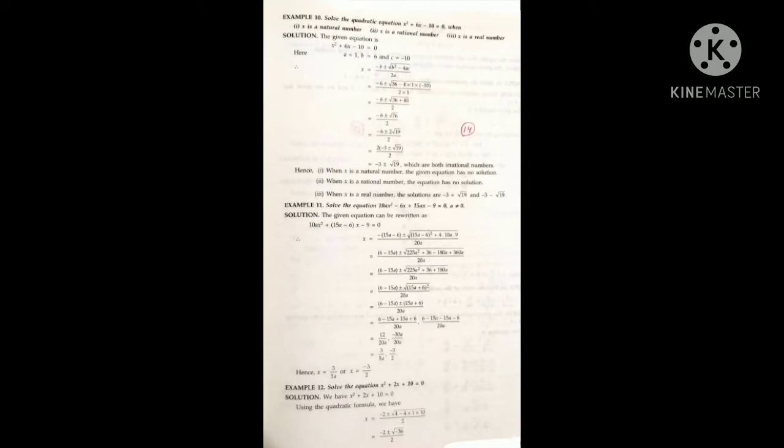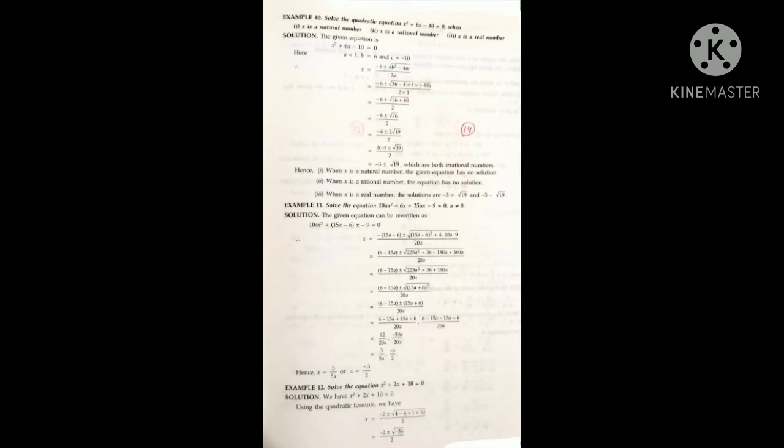Be careful while selecting a, b and c and mind the signs also. Then put these respective values in the formula. x is equal to minus b plus minus under root of b square minus 4ac divided by 2a. Proceed with patience. Do one calculation in one step.